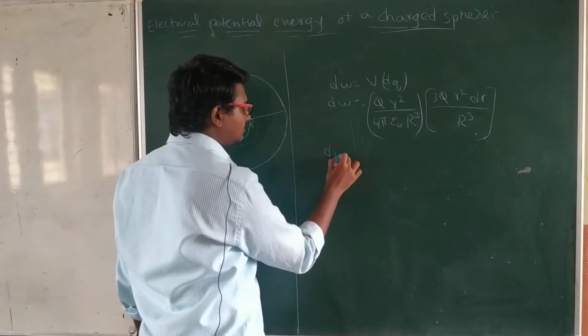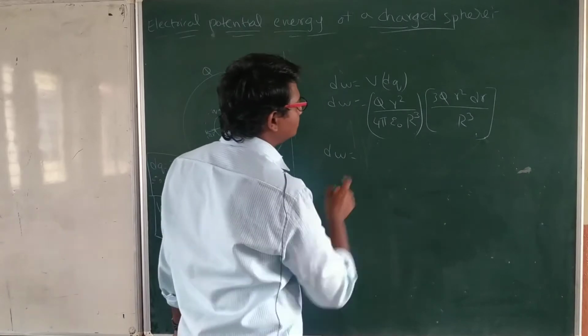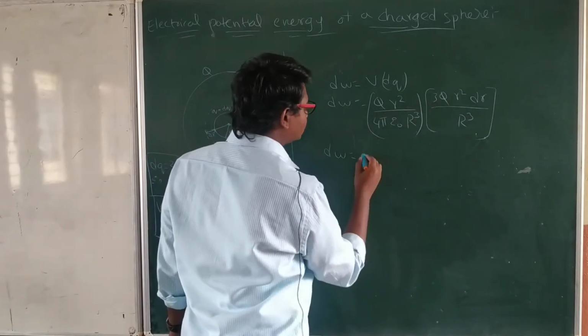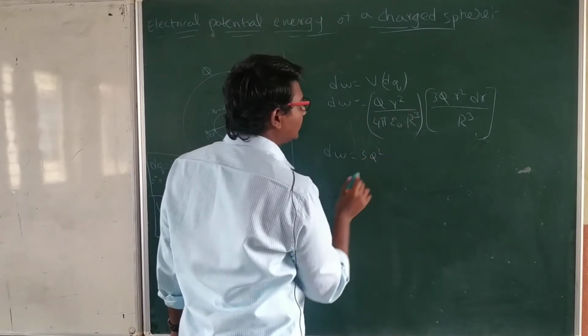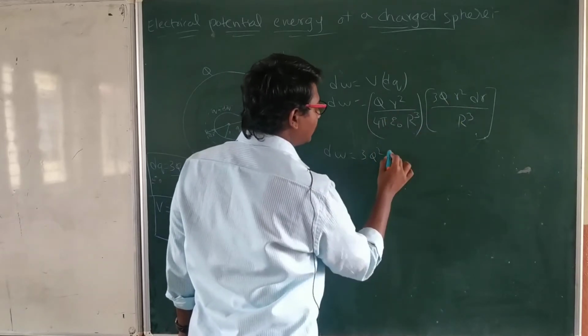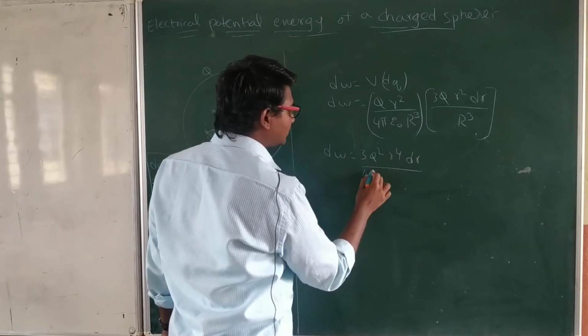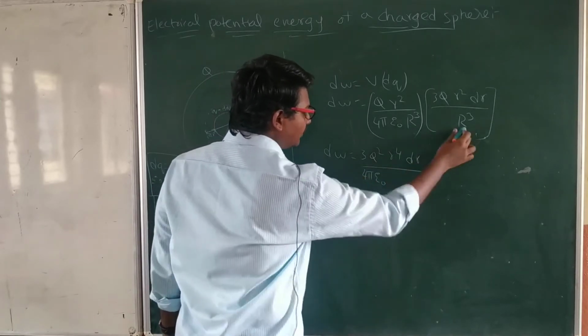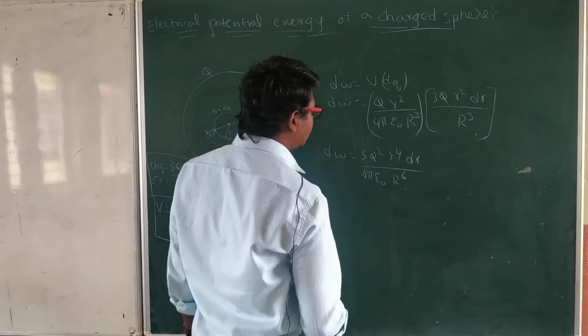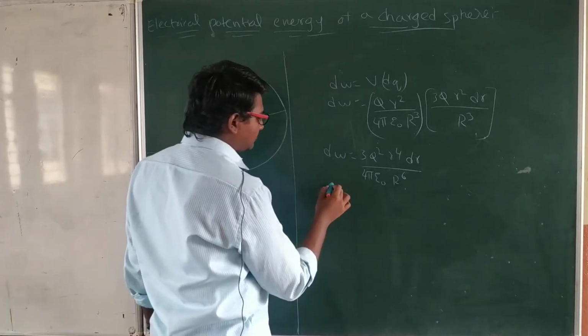Now dW equals 3Q² r² and r², r to the power 4, dr, divided by 4πε₀ R³ and R³, R to the power 6. Like this we got.